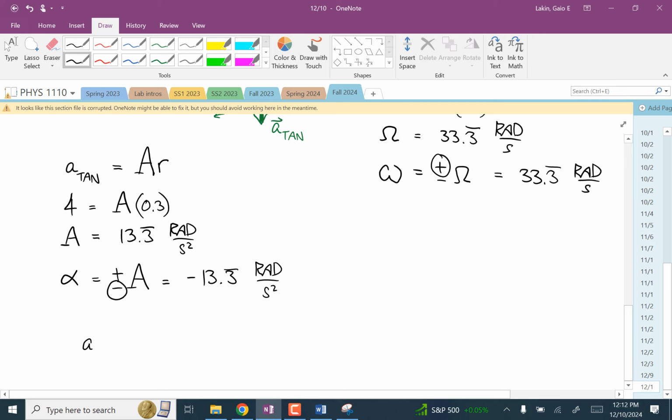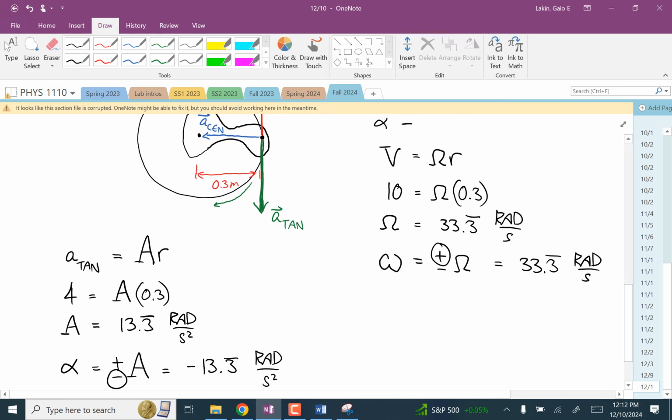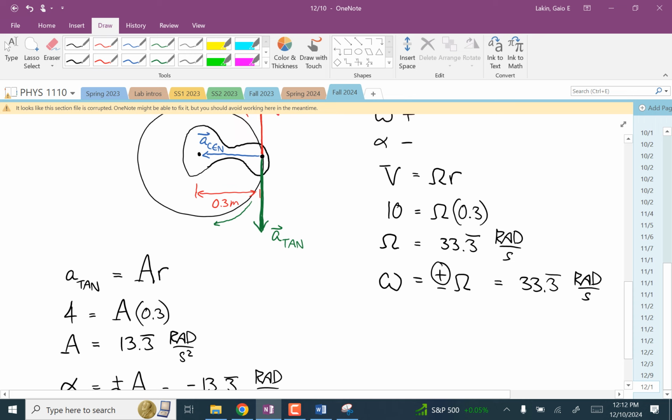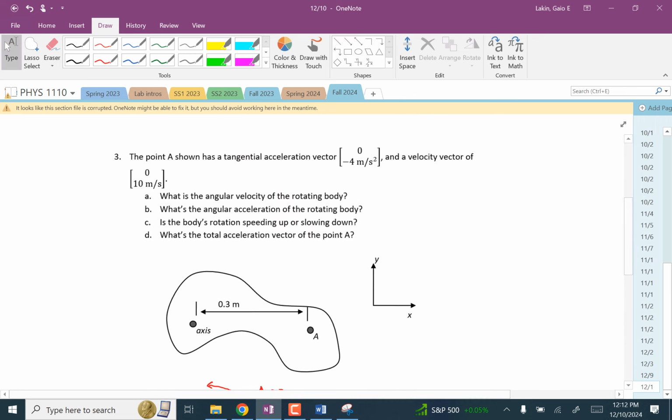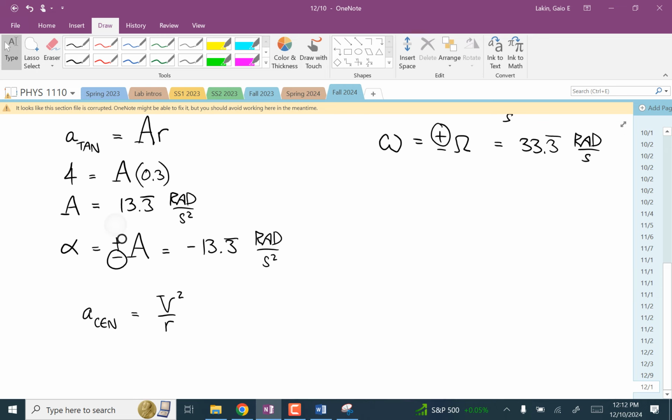The magnitude of the centripetal acceleration is v squared over r. We already knew v. V is 10. So this is 10 squared over 0.3.